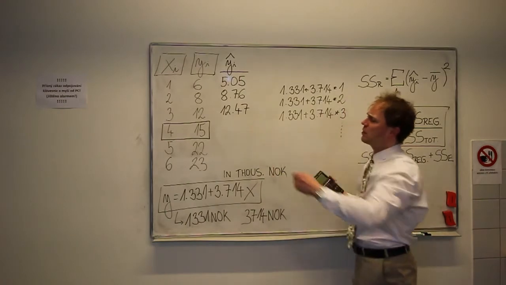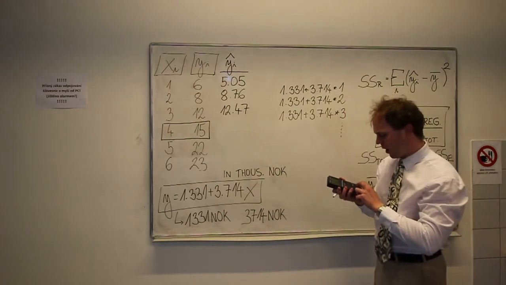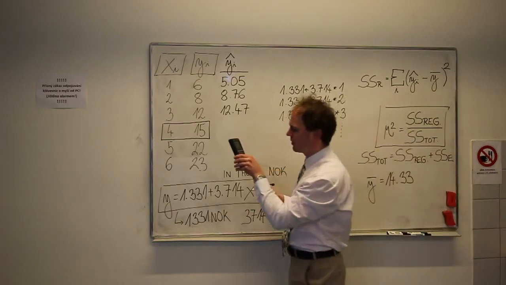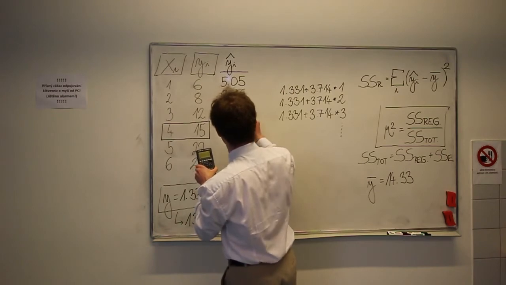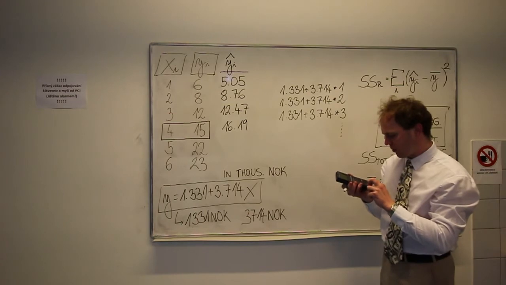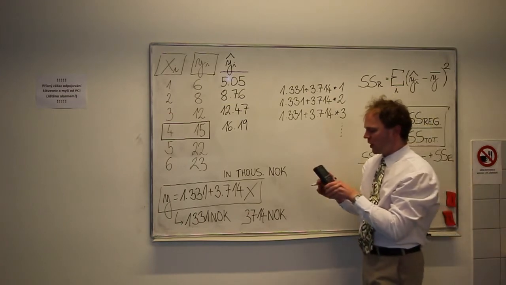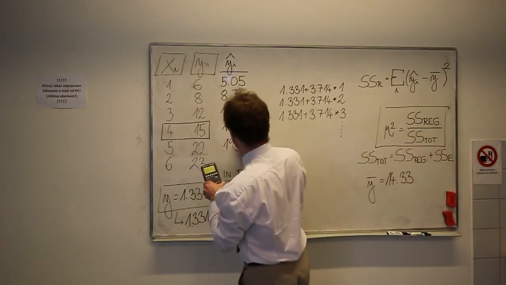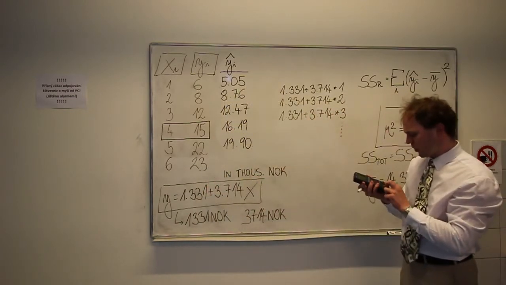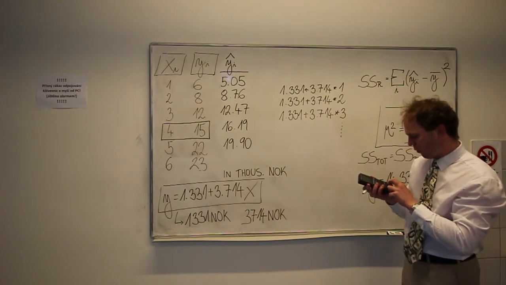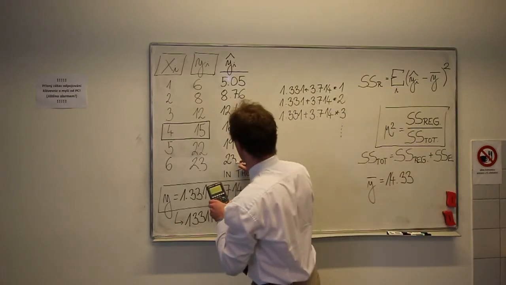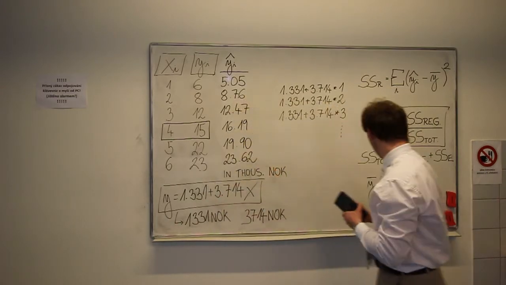There will be 16 point something: 1.331 plus 3.714 times 4 is 16.19. 1.331 plus 3.714 times 5 is 19.90, and finally 1.331 plus 3.714 times 6 is 23.62.